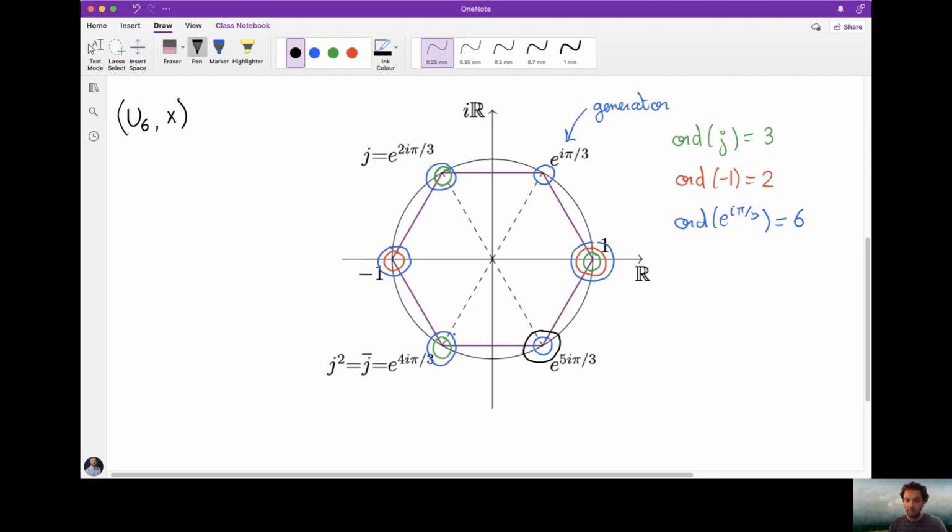So if I start from this point, the square will give me this point that is here, the cube will be minus 1, power 4 will be j, power 5 will be exponential i pi over 3, and power 6 will give me 1. So the order of exponential 5i pi over 3 is also 6, so this is also a generator of the group.